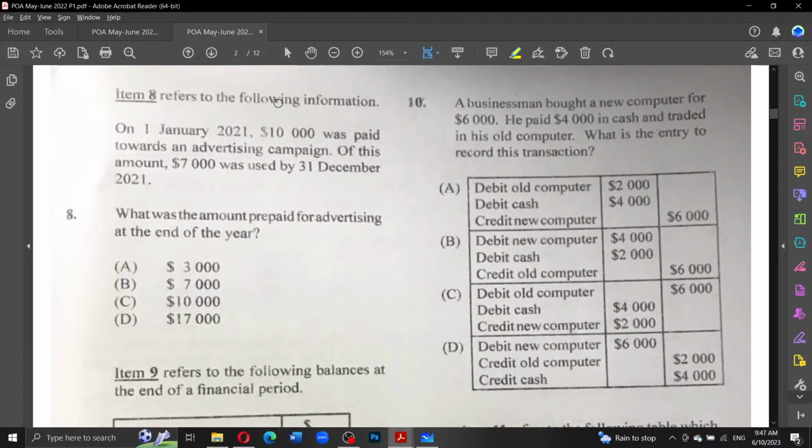We have $10,000 which was paid, but only $7,000 was used. Following the accrual concept where you match the expenses with the income earned, you spent $7,000. So how much is prepaid? It will be $3,000. I hope that's clear, because the $3,000 wasn't used for the year. Moving on to item 9.